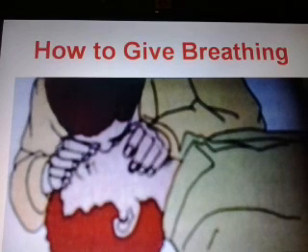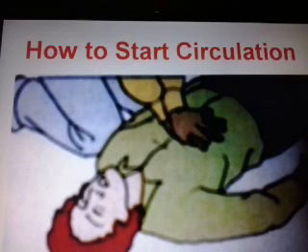Now let us discuss how to start the circulation. External chest compression may be applied on the chest, as I am showing you in the picture, to compress the heart and so pump blood through the arteries to the vital organs.